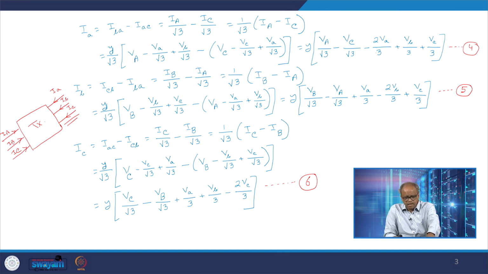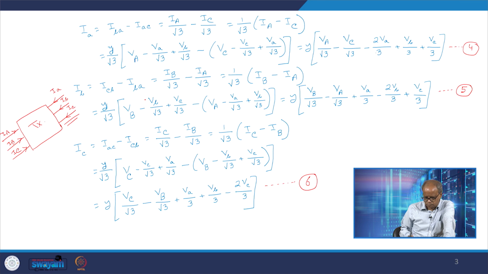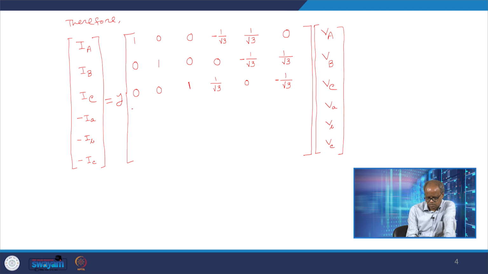Because this is I small a, I have to write down minus I small a. So it will be minus VA by root 3 plus V capital C by root 3, so minus VA by root 3, 0, plus capital C, right?